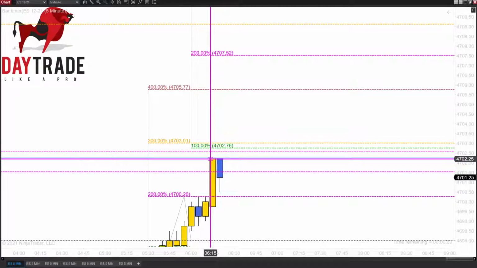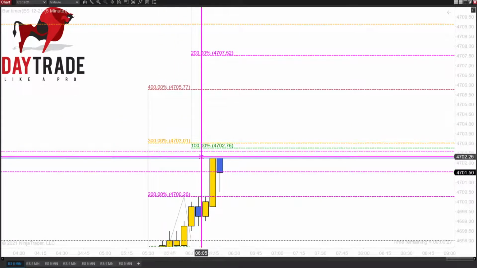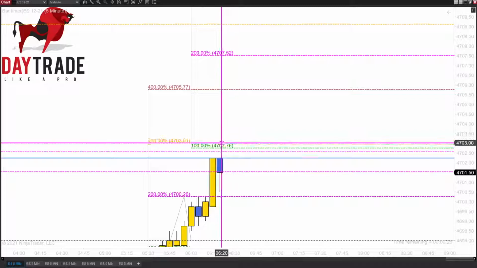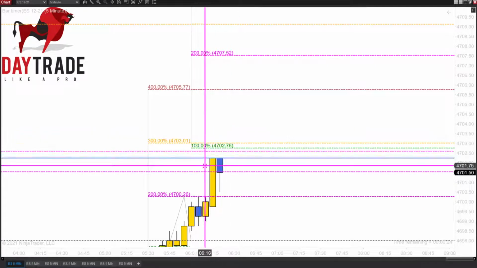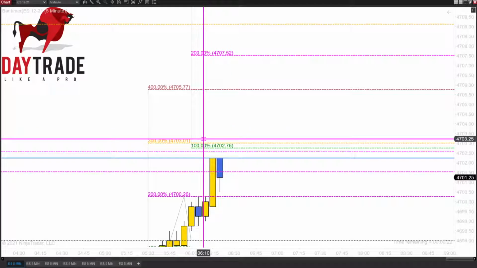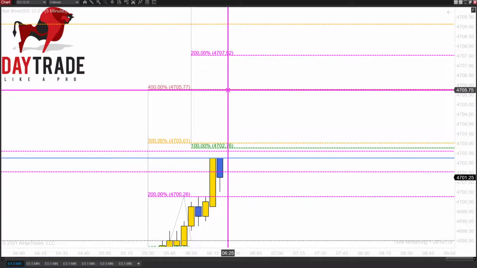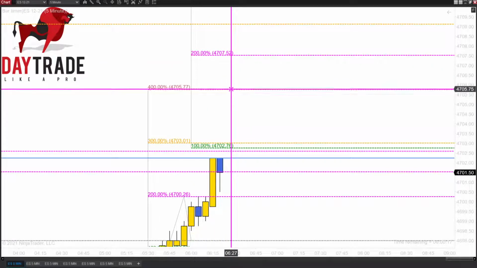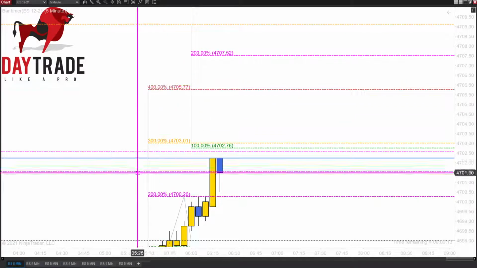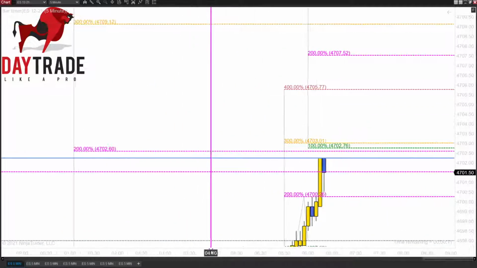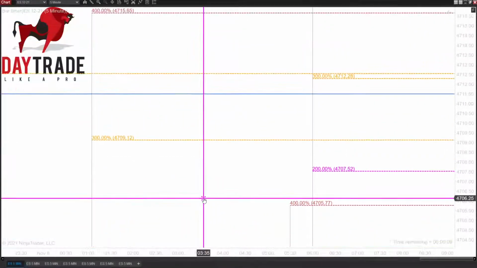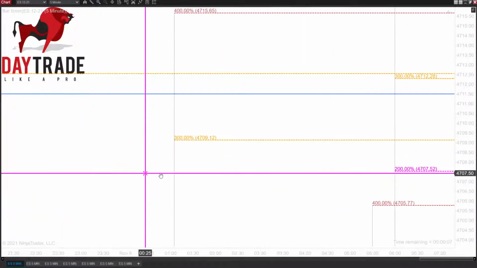So not my favorite thing here, but this area potentially for a short, it's fairly aggressive right out of the gate. Maybe right here, if this area holds, all I'm thinking is what holds. So if that holds, then what am I looking for?